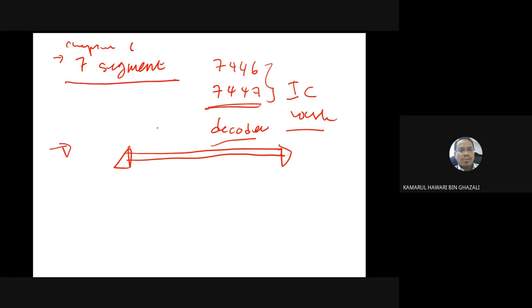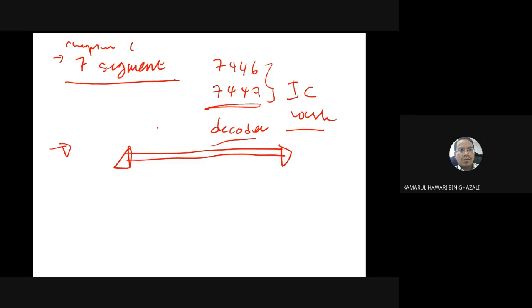Chapter 4 is Boolean expression, and give more focus on constructing a circuit from the statement, from the problem just now. Chapter 5, KMAT. Chapter 6, combinational logic function.